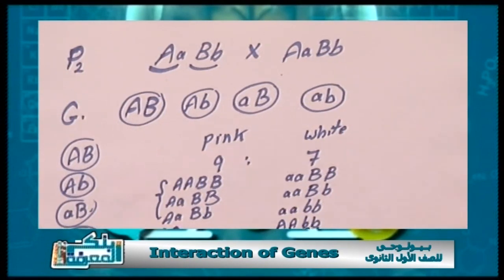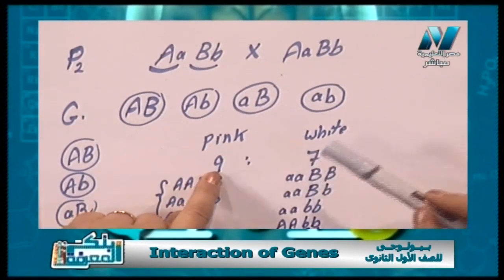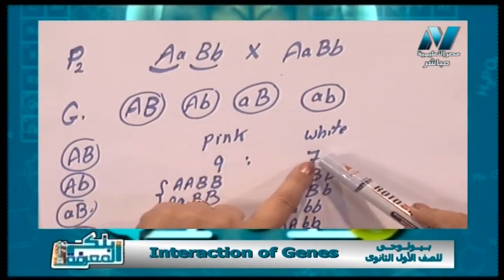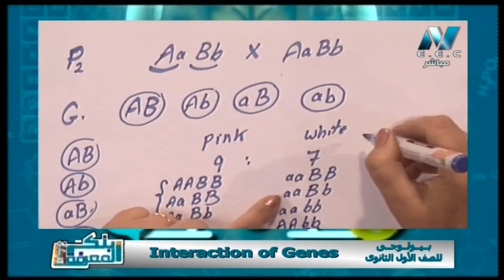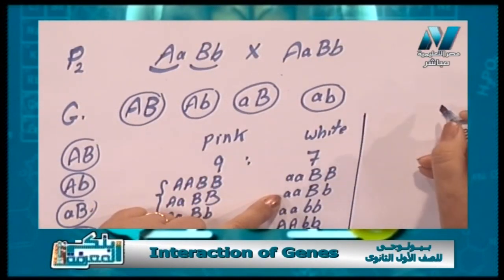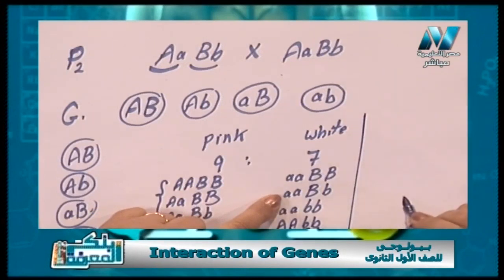Okay, so the ratio here is 9:7. And remember, in Mendel's second law, we were studying two pairs of genes with two different characters.